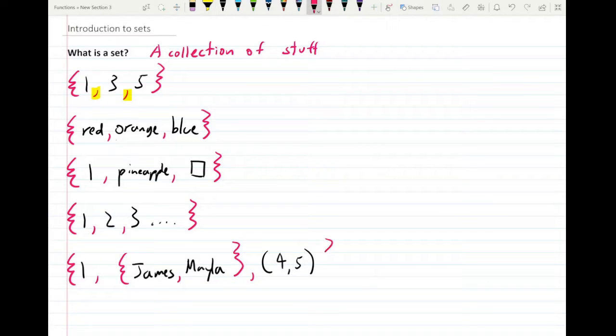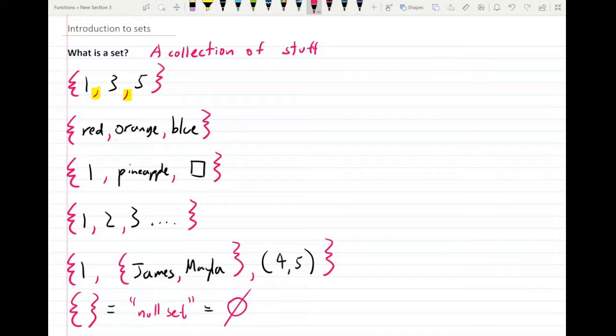That's a valid set. You can even have nothing in your set, right? You can have an empty set. This is also called the null set, and often written in shorthand using this symbol, a circle with a line through it.